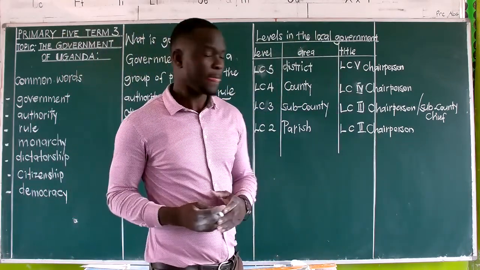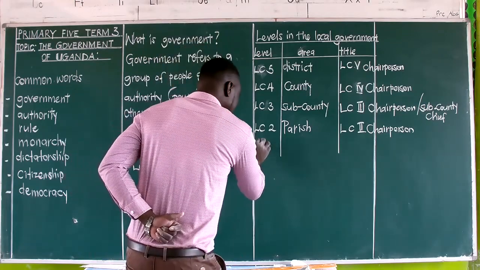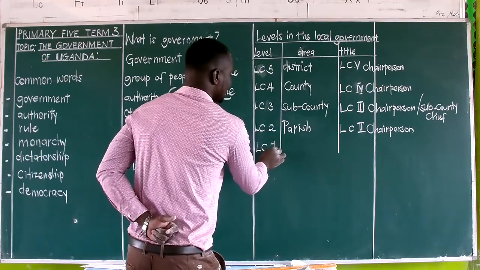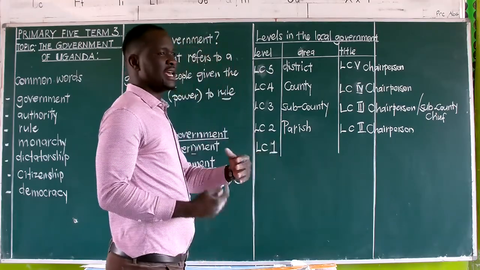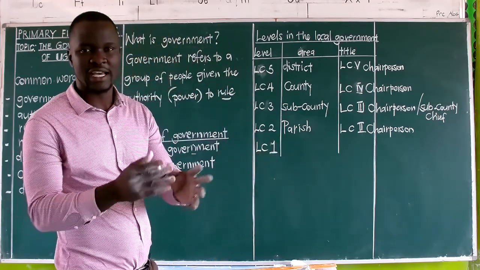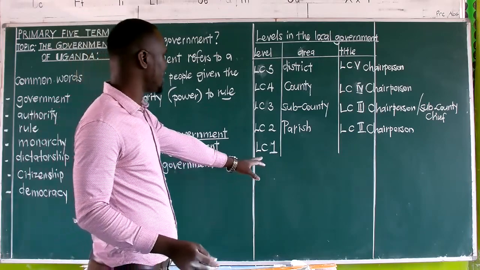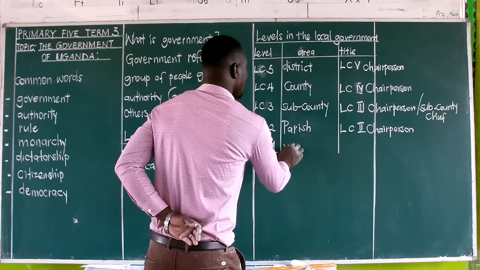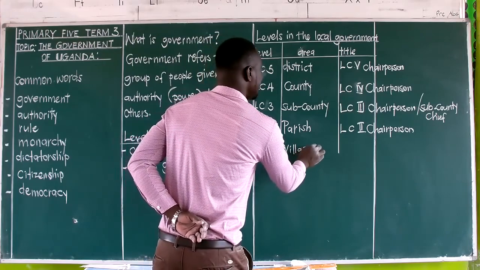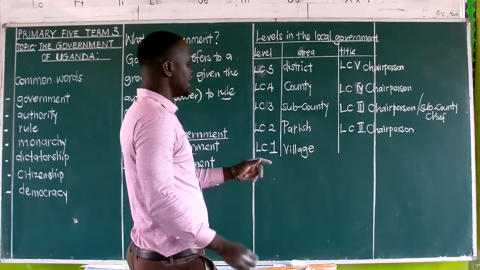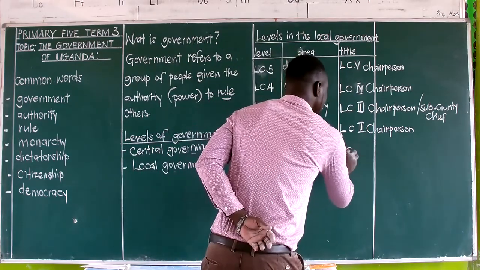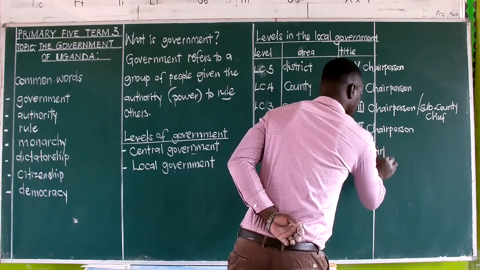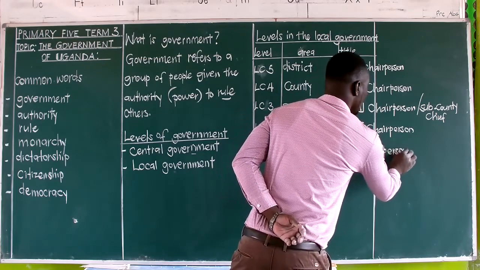Then lastly we have local council 1. Remember in P3 and P4, we talked about LC1. This is the level of the local council 1, for the area we call a village. And the person is of course the local council 1 chairperson, the one who heads this.